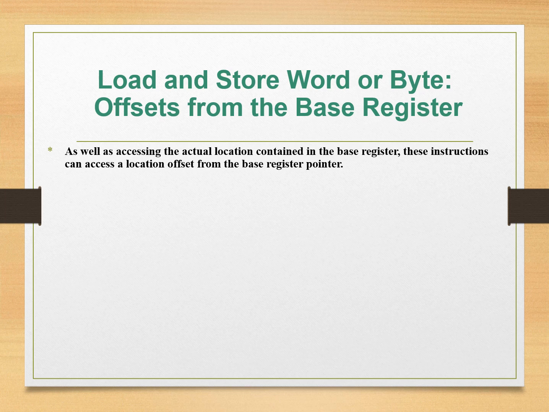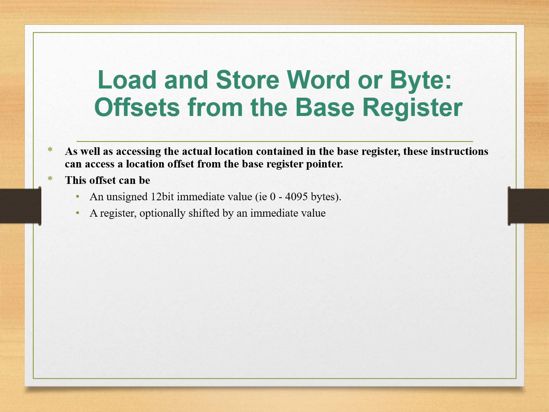You have the base register, the content of the register, then you can have an offset by a constant value, where this offset can be an unsigned 12-bit immediate value. 12-bit immediate value, unsigned, means from 0 to 4095 bytes.